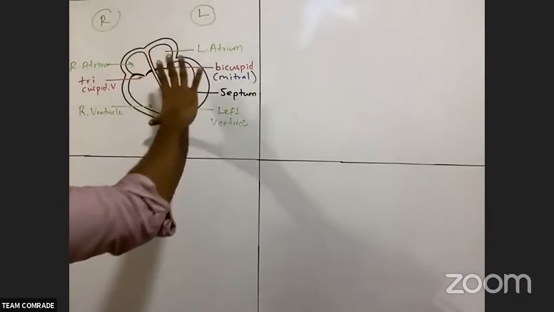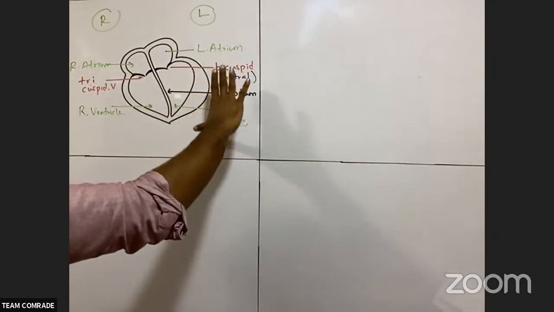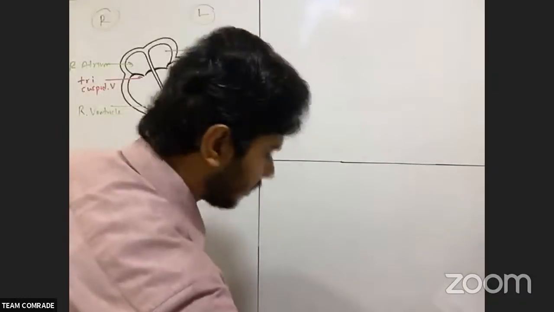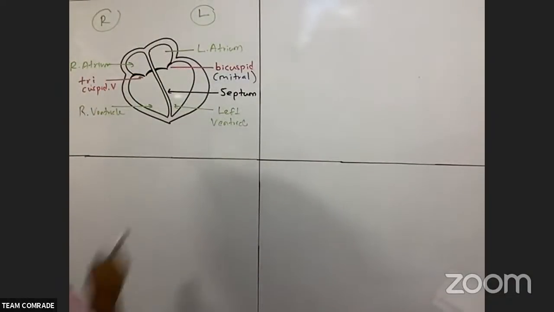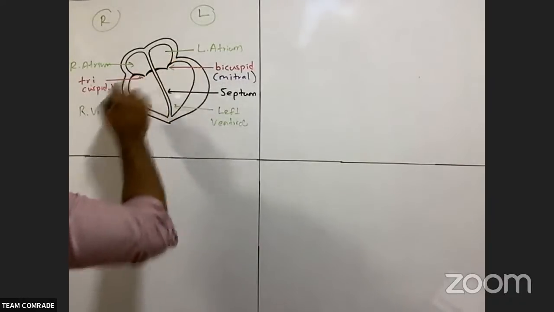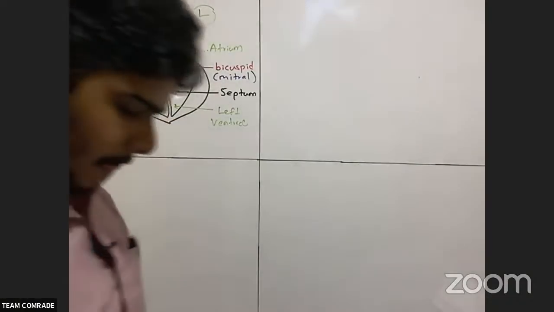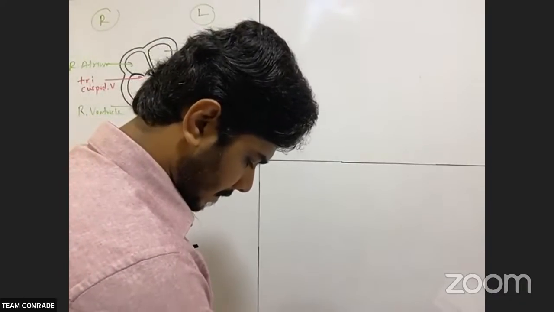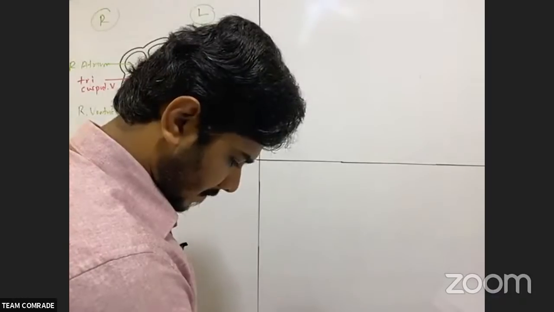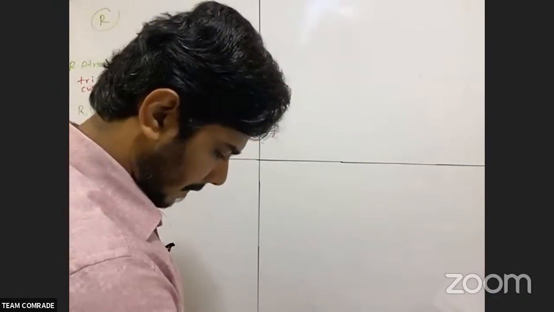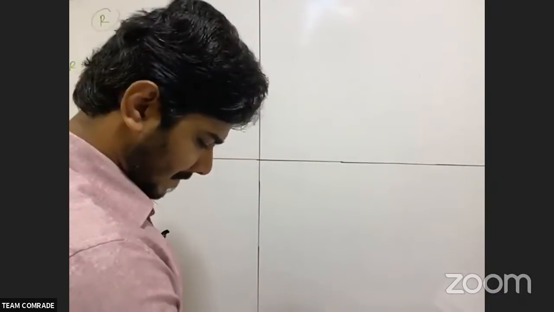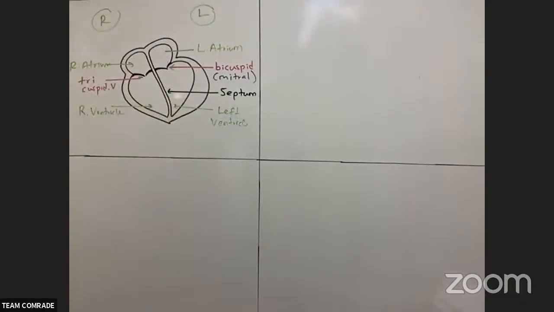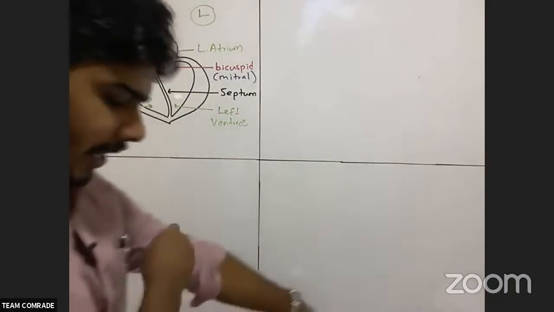We can draw the arrows like that, but we have to name the diagrams in a proper straight line. Done, sir. Okay, next step we'll go.